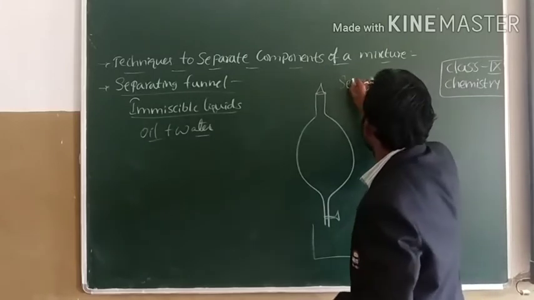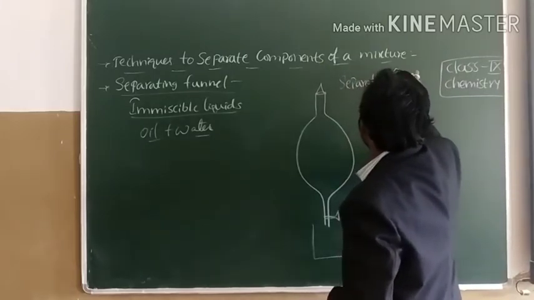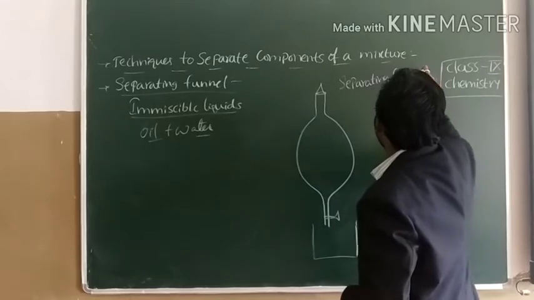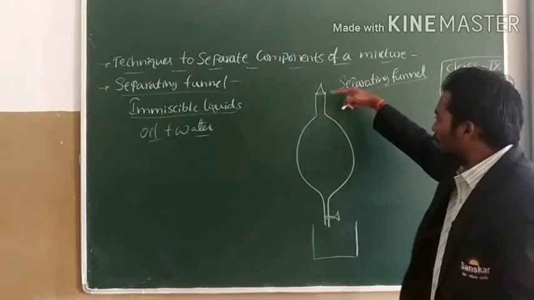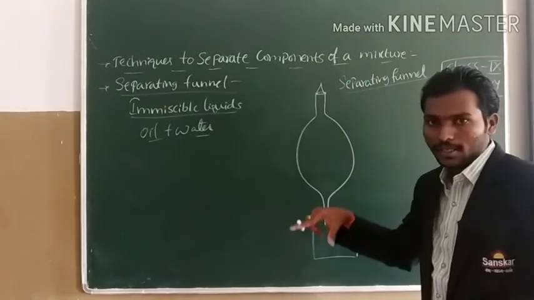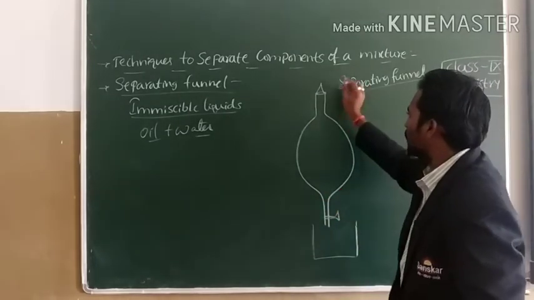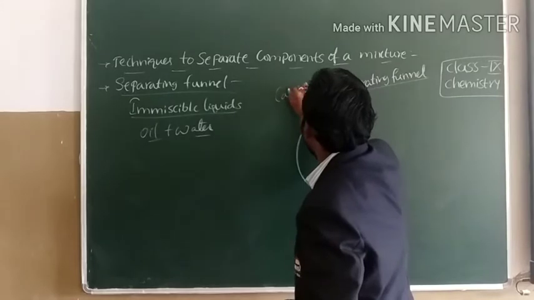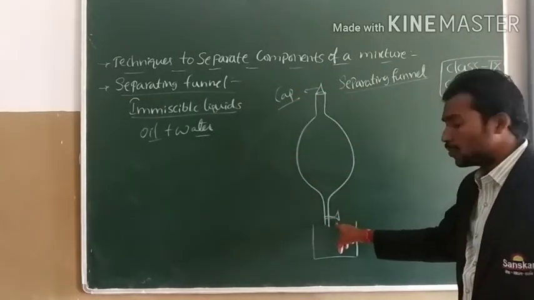This is the separating funnel, children. We have to add the immiscible liquid mixture into the separating funnel. While adding the immiscible liquid mixture, we should open the cap of the separating funnel, and we should close the cork.